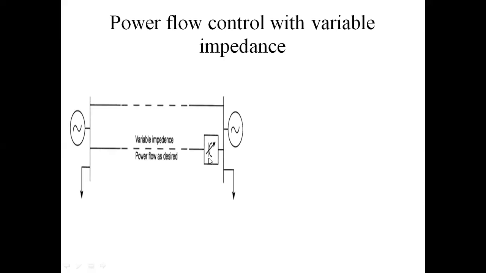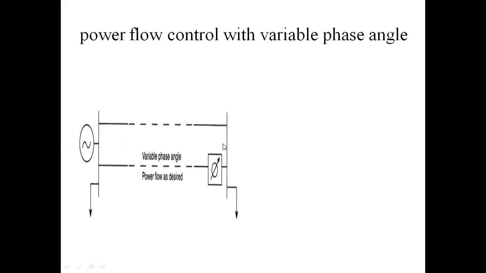When we add this capacitance, the variable impedance value decreases. When the impedance value decreases, the power flow capacity automatically increases.